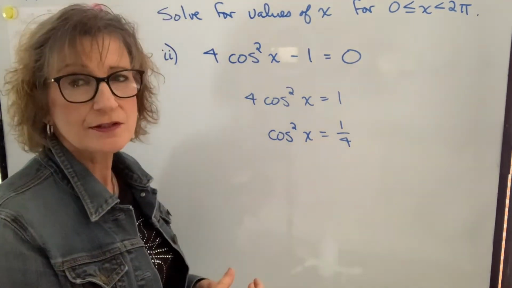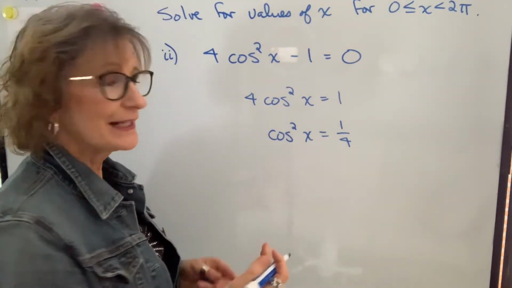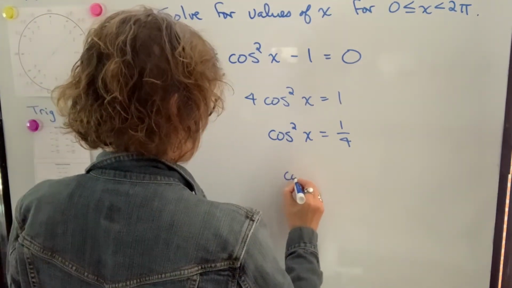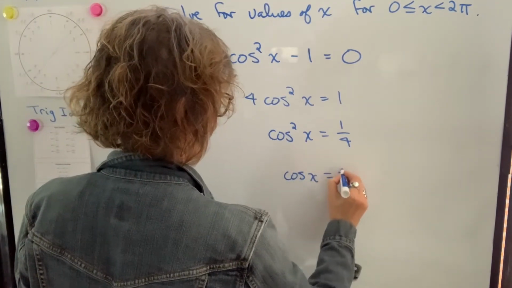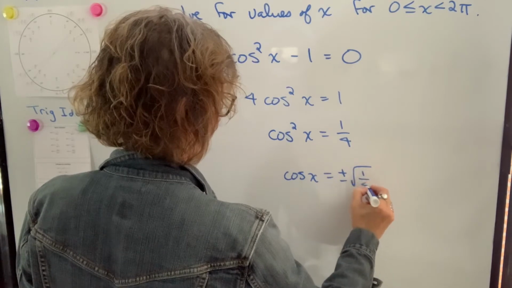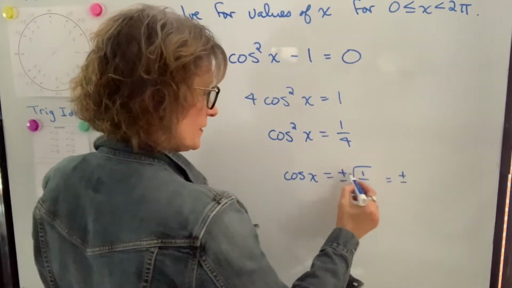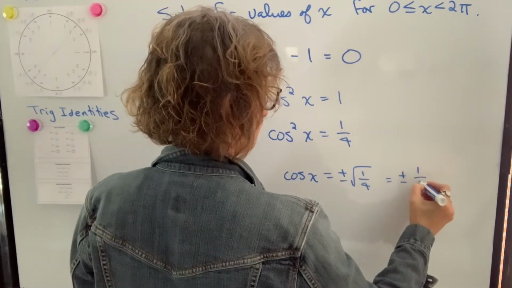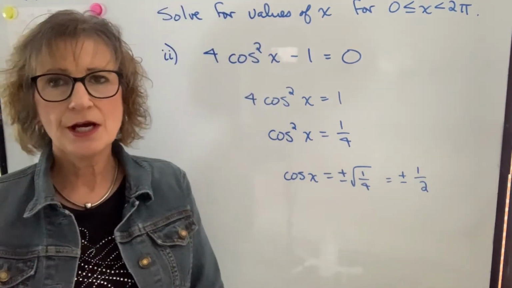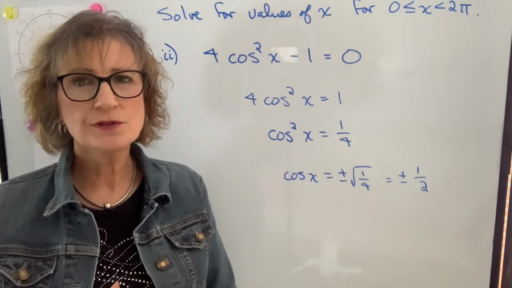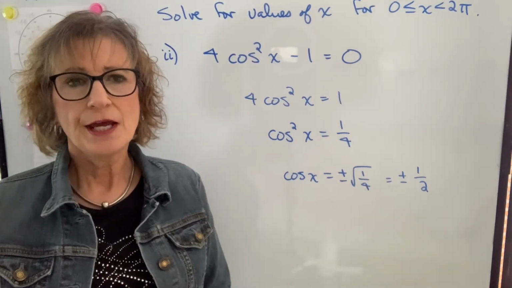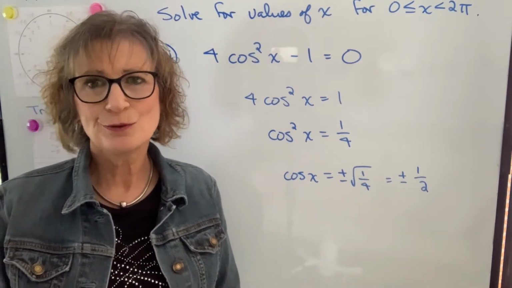But remember, when you take the square root, it's going to be the positive and negative value. And that can be expressed as positive or negative 1/2. So we actually have 2 solutions to this equation, and each solution typically will give you 2 angles.